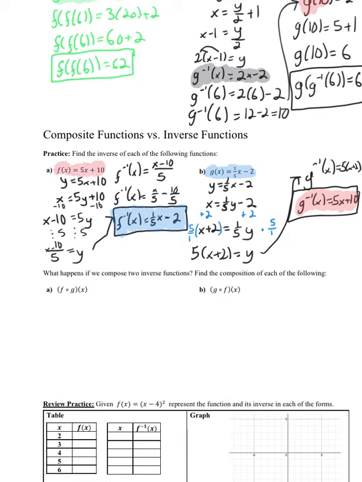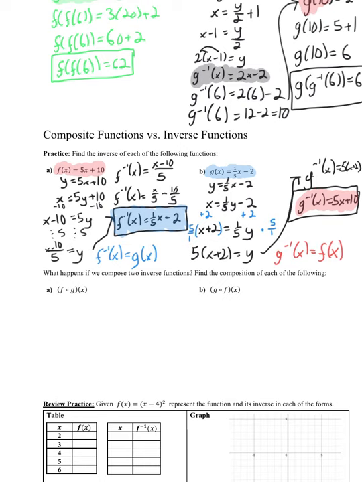So what's happening here is f inverse of x is the exact same thing as g of x. That's a fair thing to say. It's also fair to say that g inverse of x is the same thing as f of x.